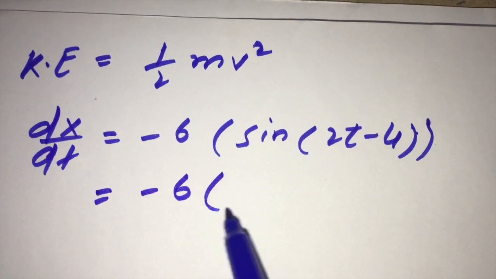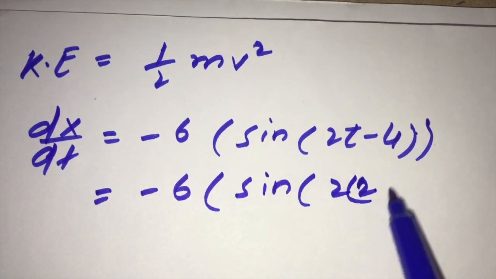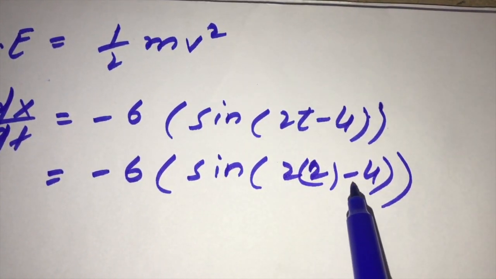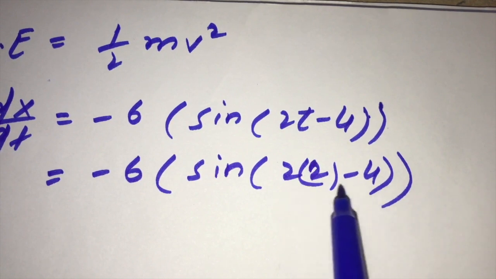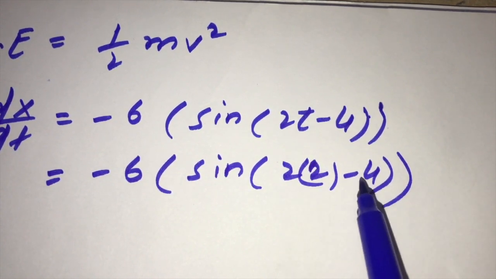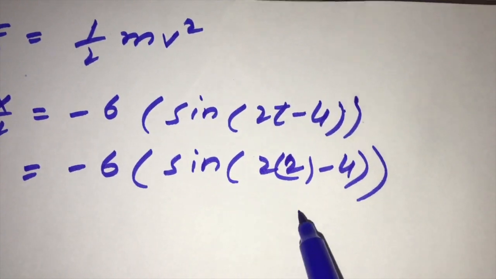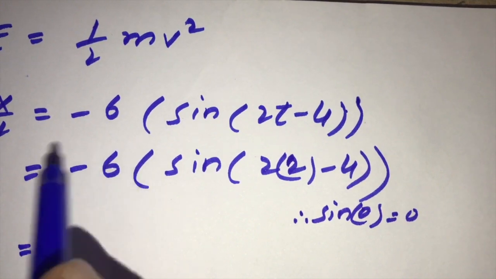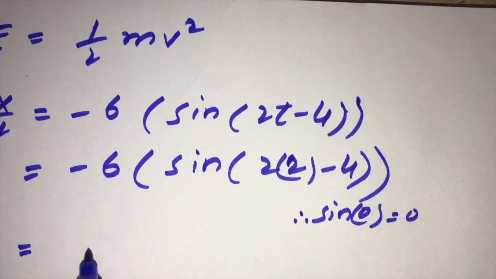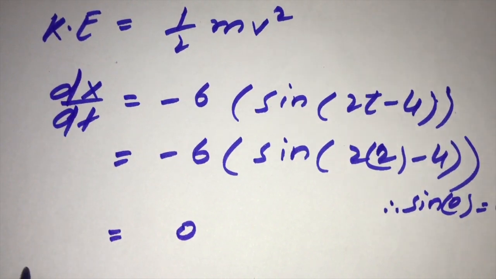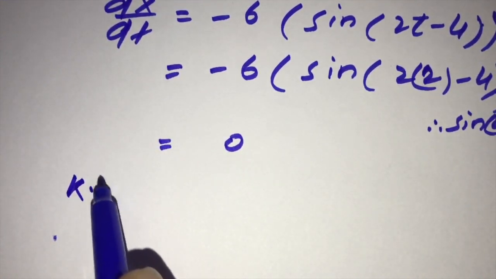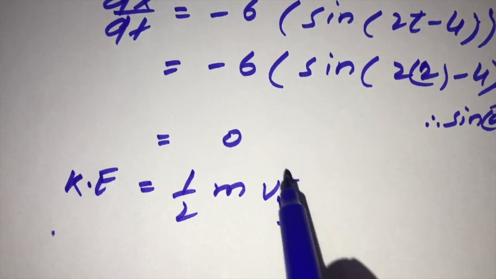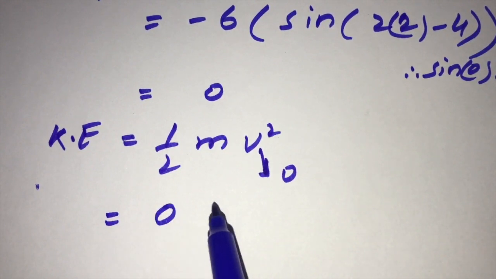So minus 6 into sine of 2 into 2 minus 4. 2 into 2 minus 4 is equal to 0, because 2 twos are 4, and 4 minus 4 is equal to 0, and sine of 0 is equal to 0. So dx by dt is equal to 0. This means the kinetic energy, which is 1 by 2 mv square, has the velocity term equal to 0, so kinetic energy is equal to 0.